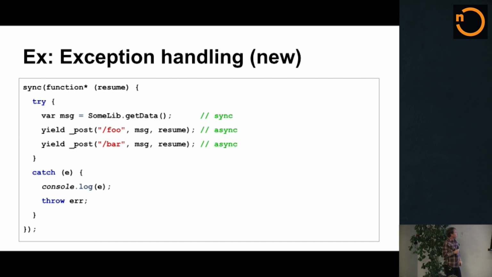With generators, you can use try-catch, which is built into the language, to handle the exceptions that are raised from the result of evaluating synchronous code as well as asynchronous code. It's kind of interesting, right? You don't get that with regular JavaScript.